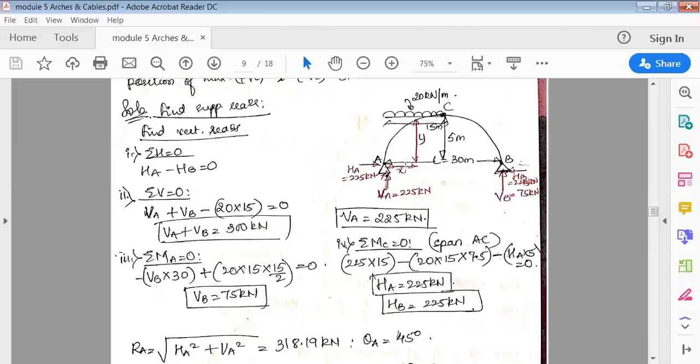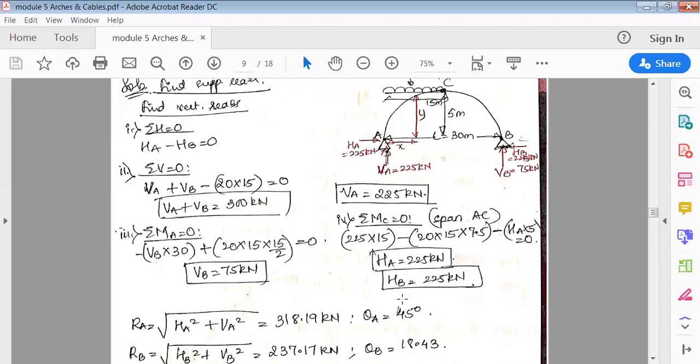Then HA, because we're finding moment at this point, is also going anti-clockwise, so minus HA into height 5. From this you'll get HA. Then once you get HA, put it back in the earlier equation and we'll get HB.